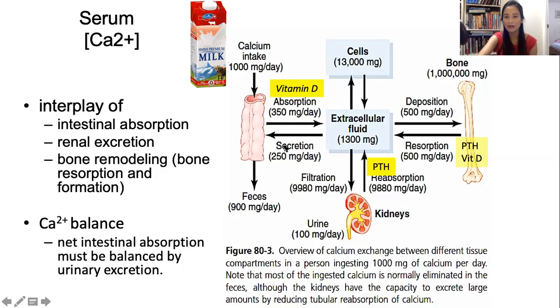For example, if you have excessive absorption and you cannot excrete it in the kidneys or in the feces, you will have an increase in calcium levels in your extracellular fluid. If you have low intake of calcium and you have excessive urinary excretion of calcium, then you will have low calcium in your body. So it's really a balance.